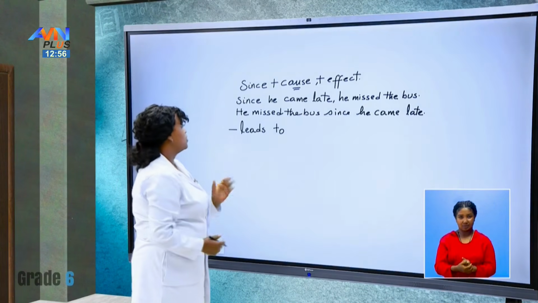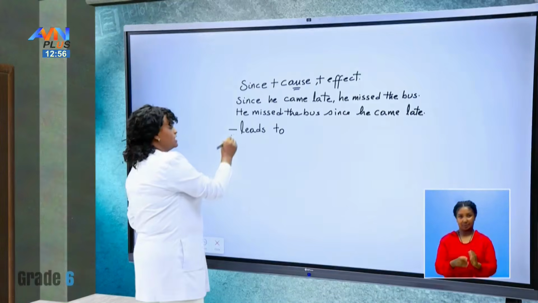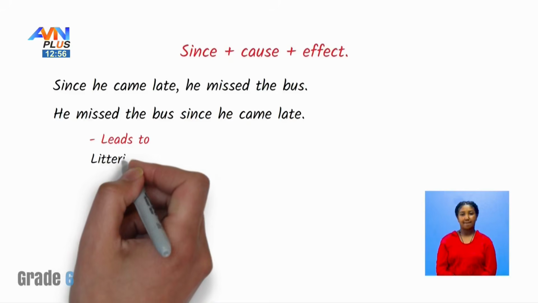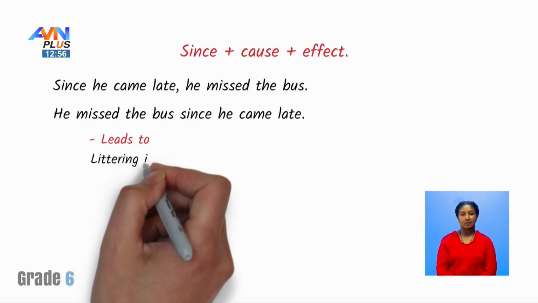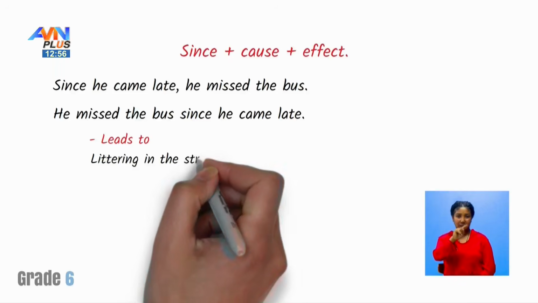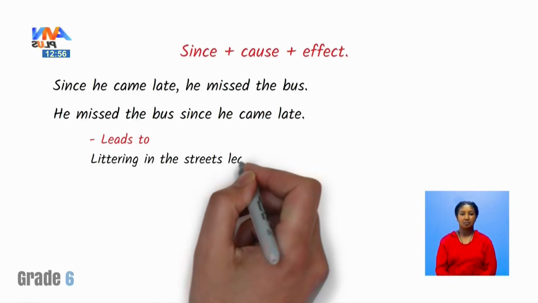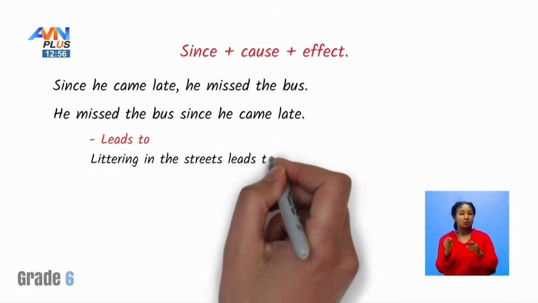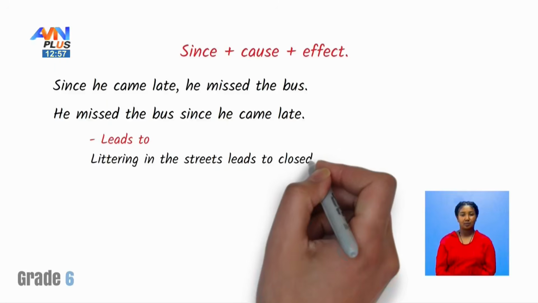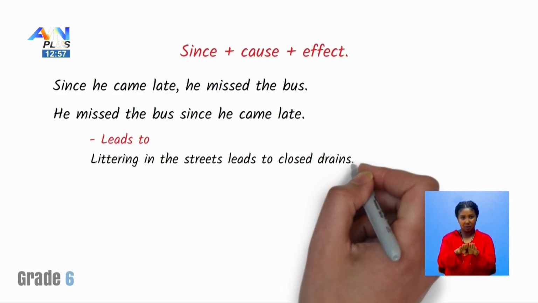For example, littering in the streets leads to closed drains.